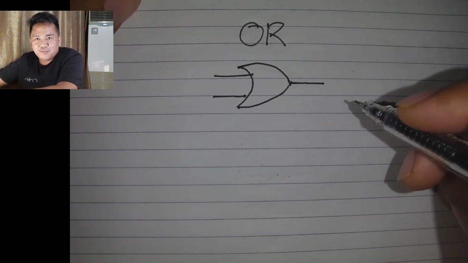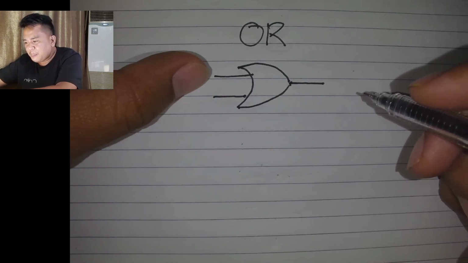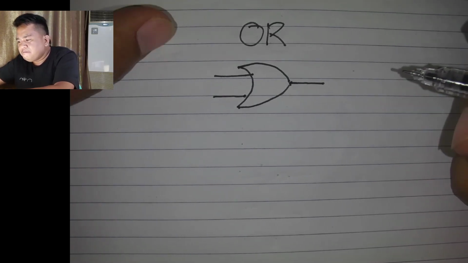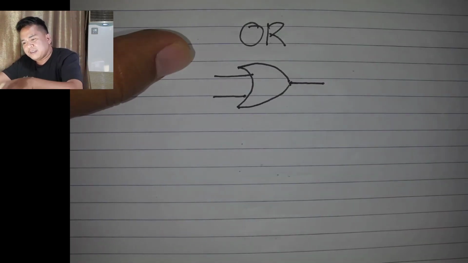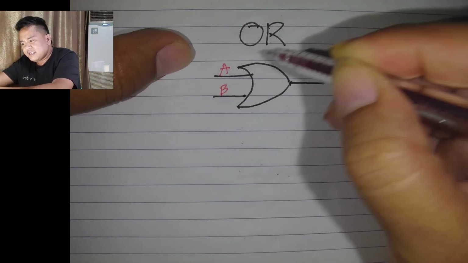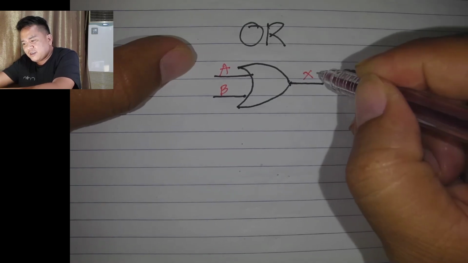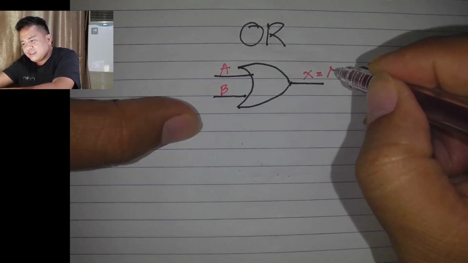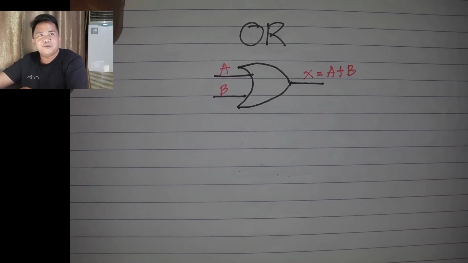So we're going to label this one. Yung input natin is A tsaka B. The output is X. So X is equal to A plus B, kasi OR gate.